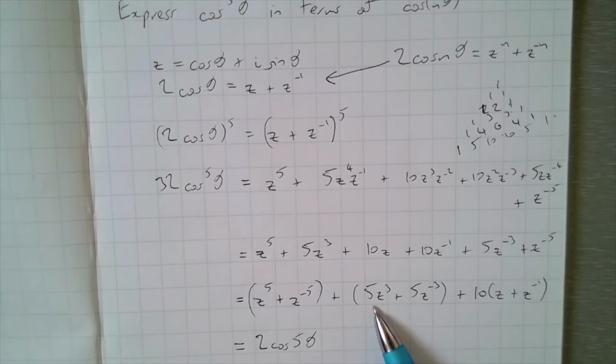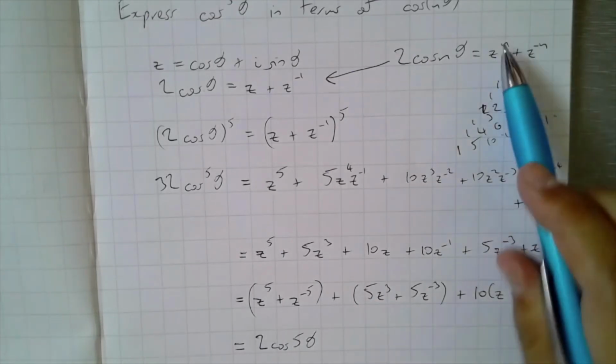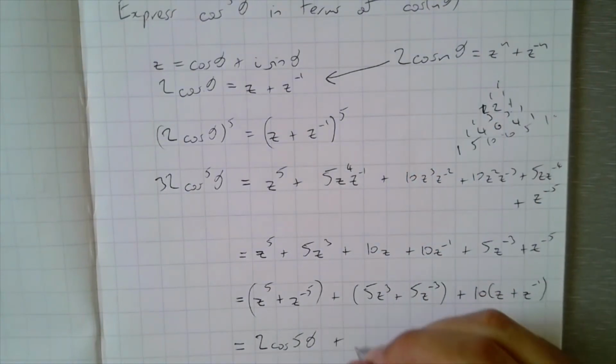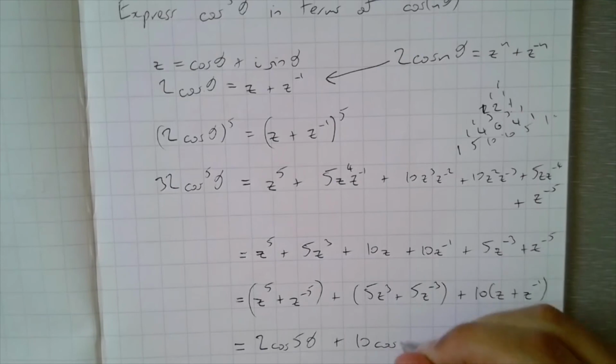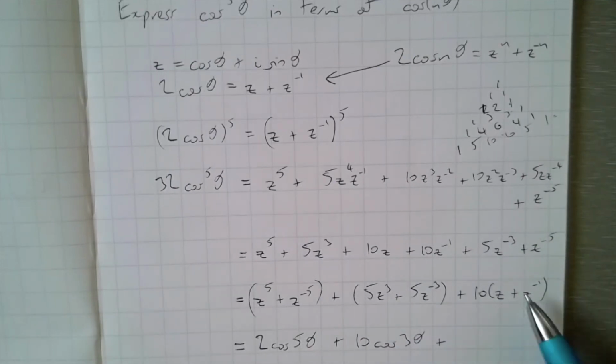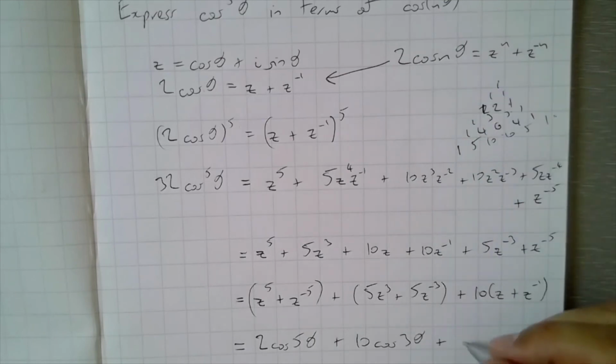This one's going to be, well, imagine the 5 is on the outside, it's going to be 5 lots of, put 3s in here, so that's 2 cos 3 theta. 5 times 2 is 10, so that's going to be 10 cos 3 theta. And last but not least, I stick the 1s in, so that's going to be 10 on the outside times the 2, which should give me 20 cos theta.